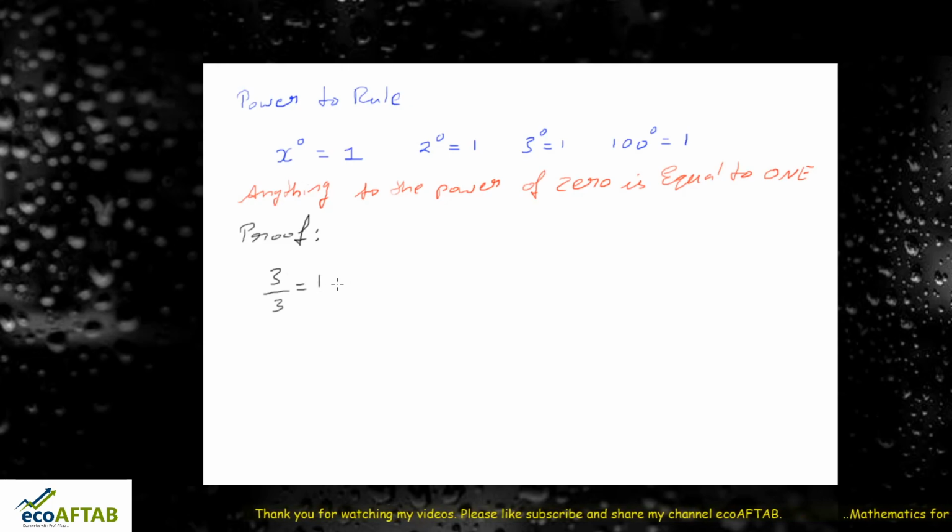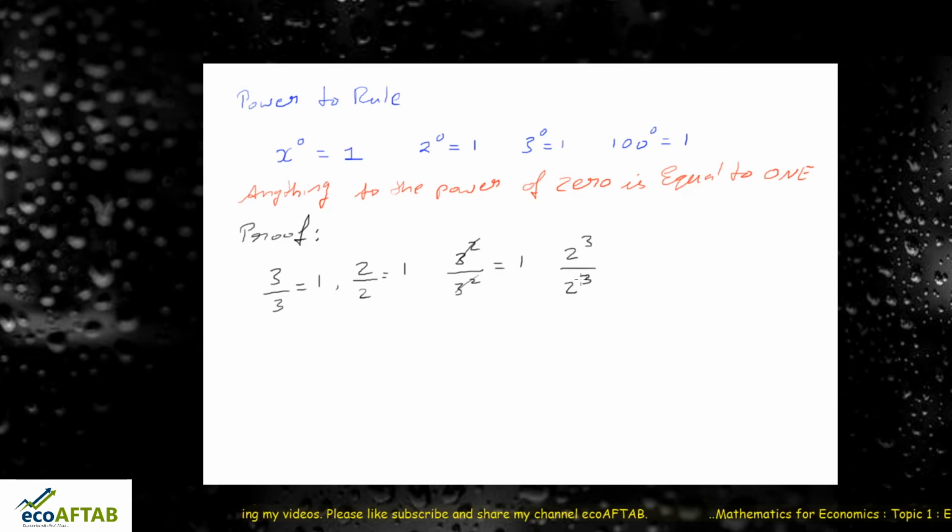It is 1. If I say 2 divided by 2, simple mathematics we learned in school, it is 1. On this basis, if I say 3 square divided by 3 square, numerator and denominator are the same, so this gets cancelled, what remains is 1. If I say 2 cube divided by 2 cube, numerator and denominator are the same, so both get cancelled, what remains is 1.